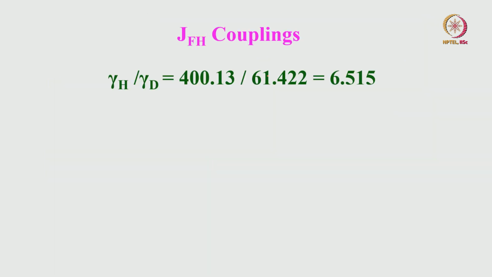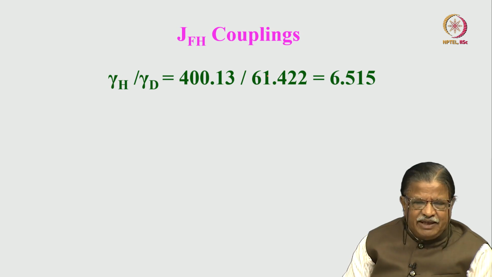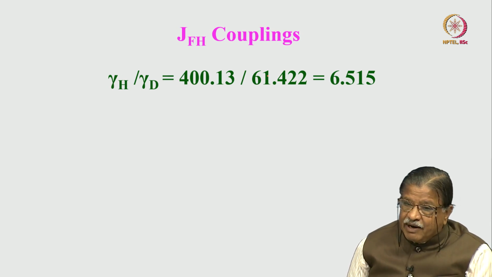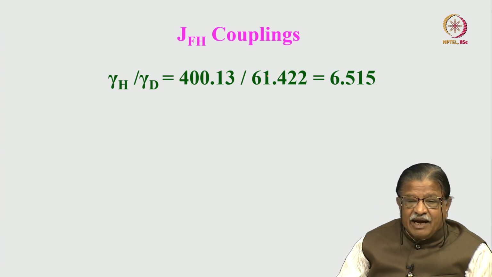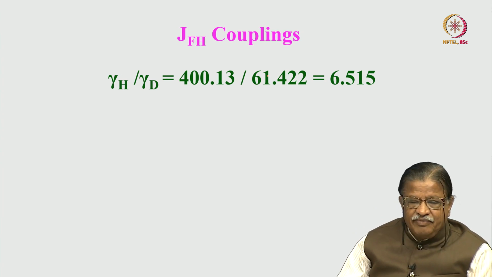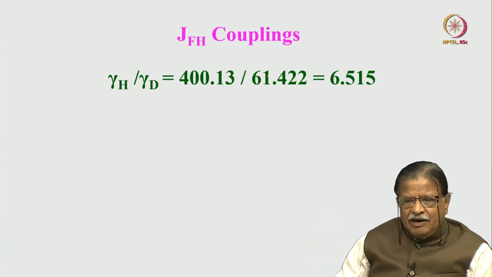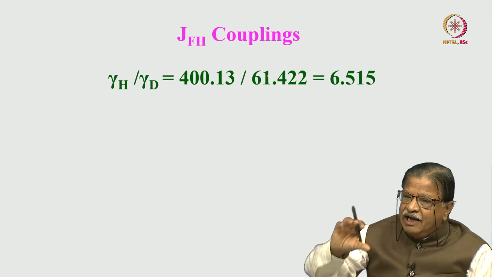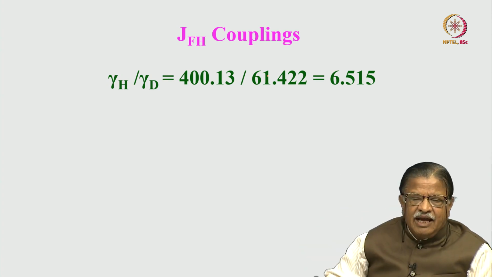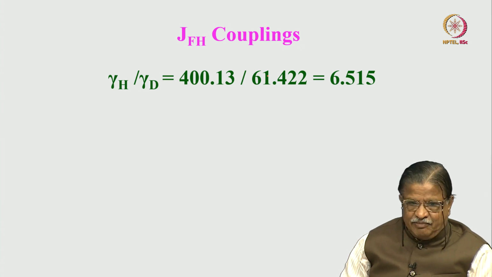Now, from this we can get JFD coupling, deuterium fluorine coupling. Can we get proton fluorine coupling from this? Of course, remember I explained to you when I discussed magnetic equivalence, HH coupling, deuterate one of the hydrogen atoms, you get HD coupling, and using the ratio of the gammas, we can get HH coupling.